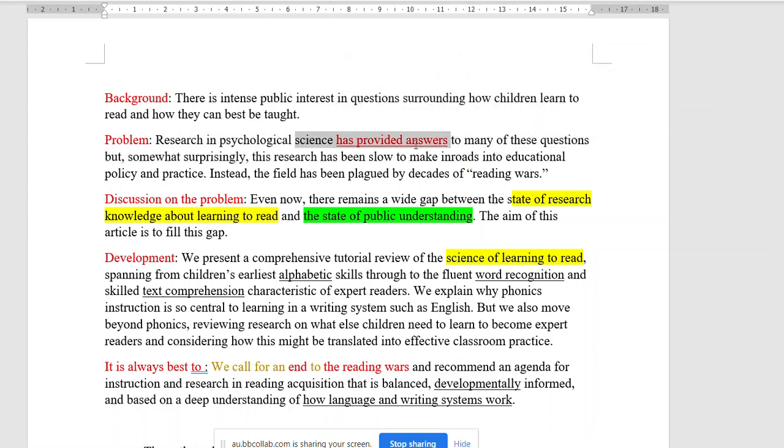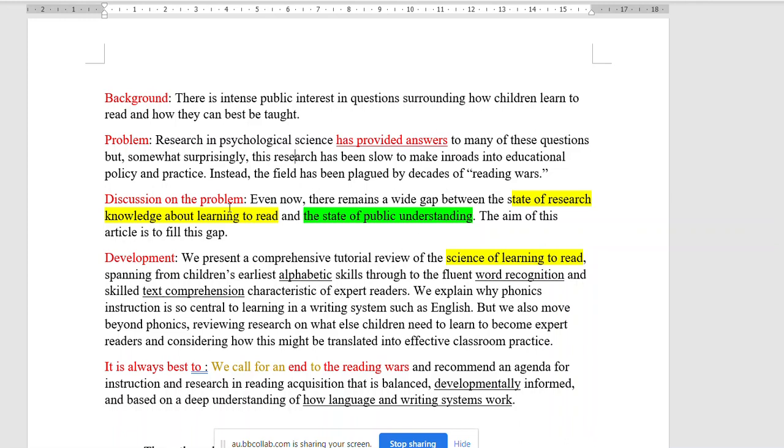The problem they addressed in their paper is that current research is not looking into the science of psychology of reading, so that's why the problem happens. So we need to expand the scope of our study to have some more definite conclusions.